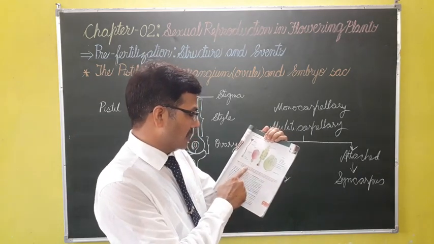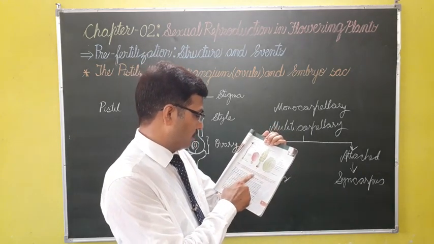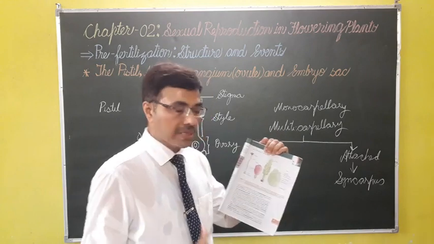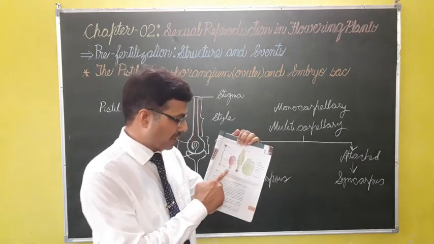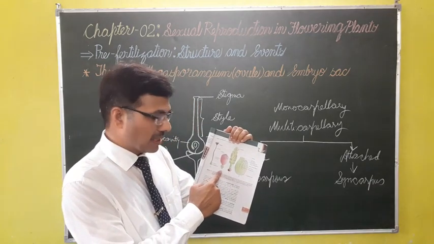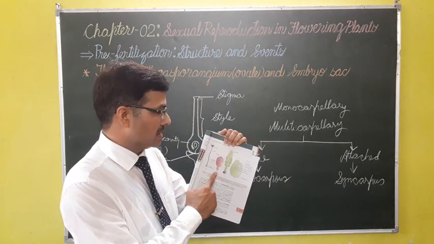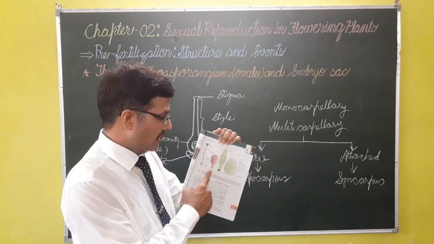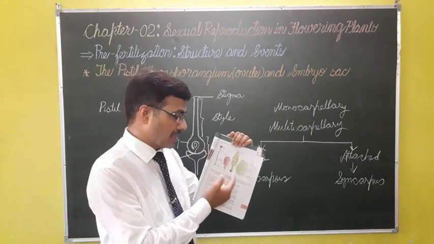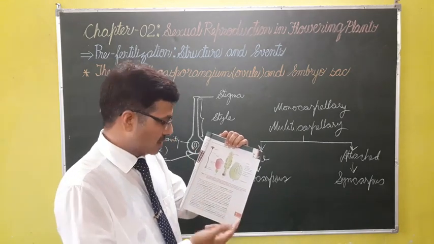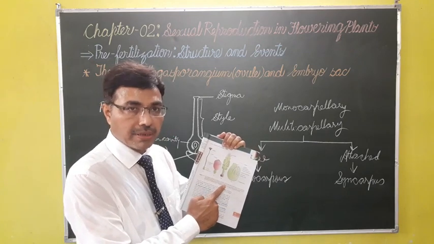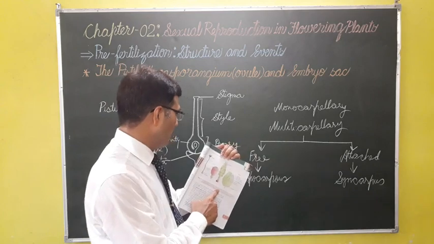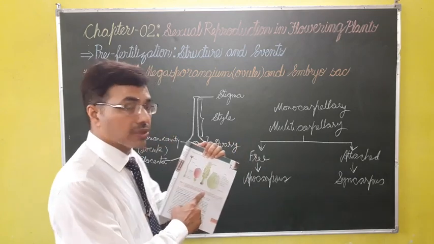Part B shows the syncarpous pistil, a syncarpous gynoecium, where pistils are many but all are attached. The example given here is Papaver. So in Papaver, the syncarpous condition is found.